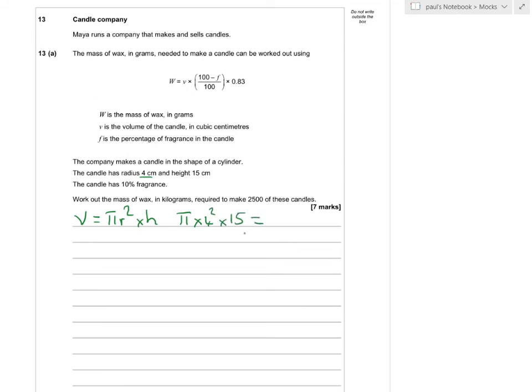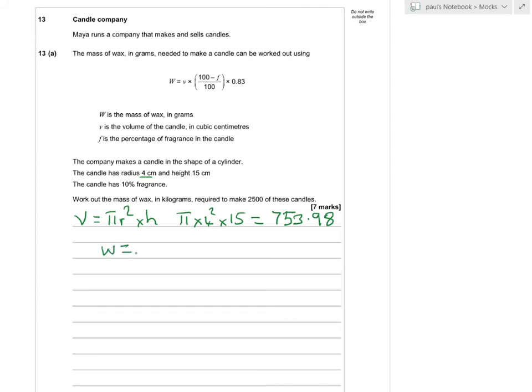That gives us the volume of the cylinder. So pi times 4 squared is 16, times 15, which is 753.98. Right. Let's put that into the formula.